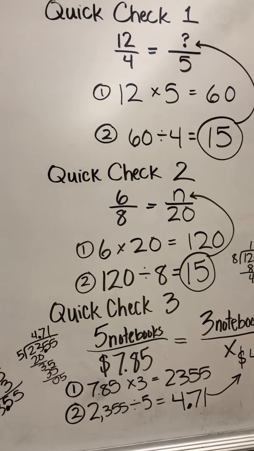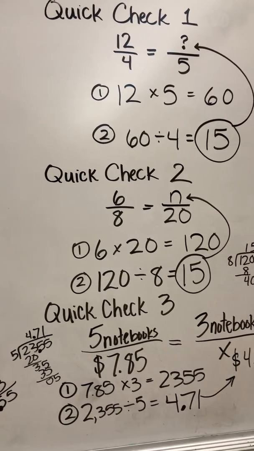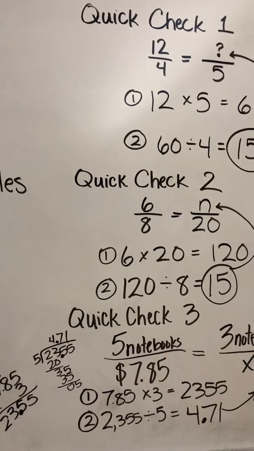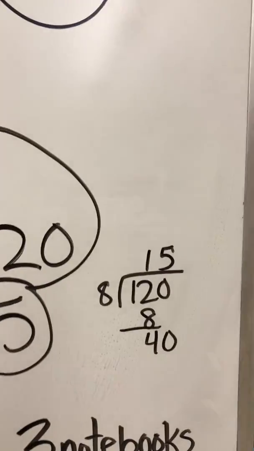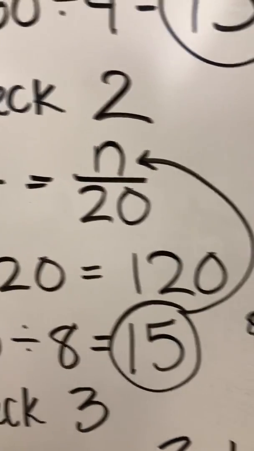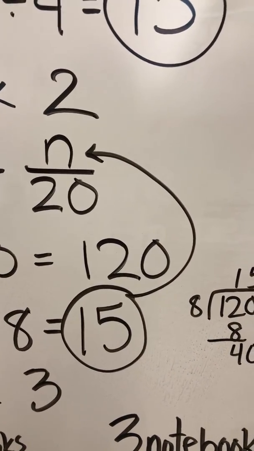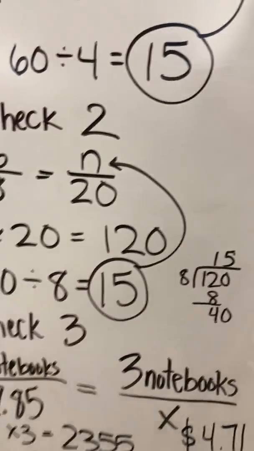First step, multiply 6 times 20, which we can do in our heads for 120. Second step, take that 120 and divide it by our third number, which is 8. When you carry out that math, which is what I did over here, you get 15. So 15 is the value of n. In our homework, we can say n equals 15.